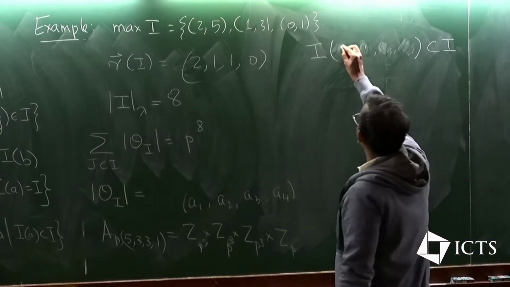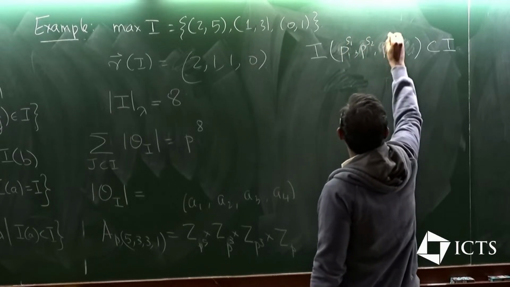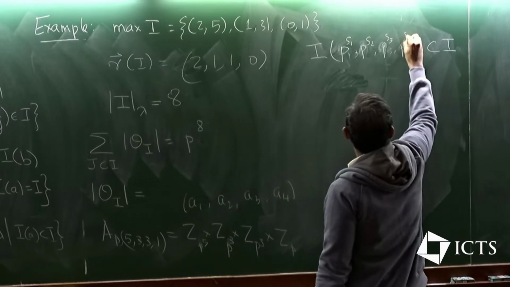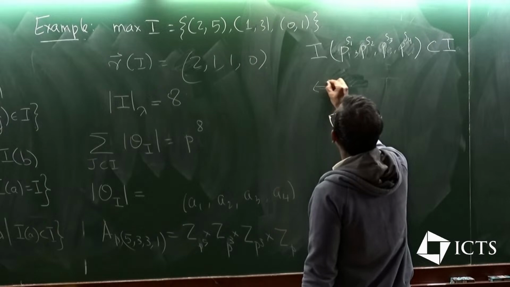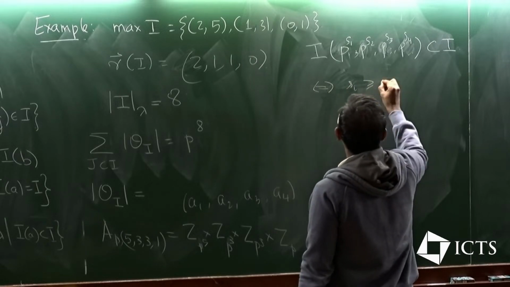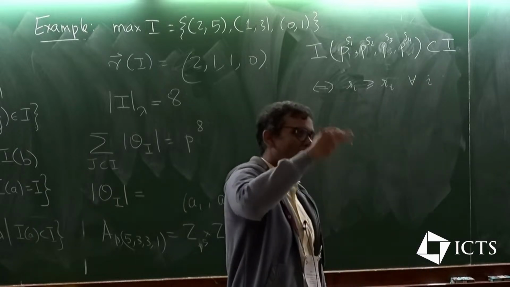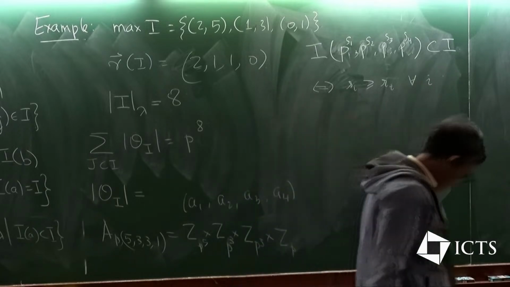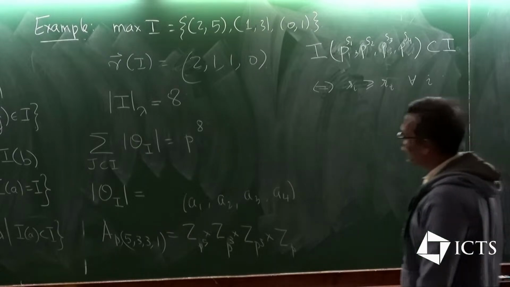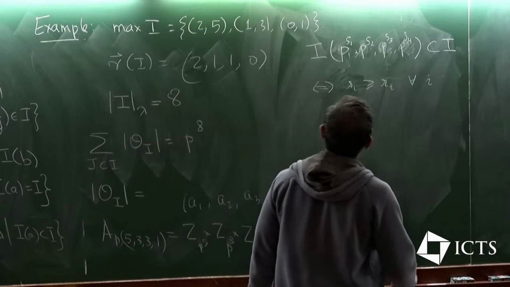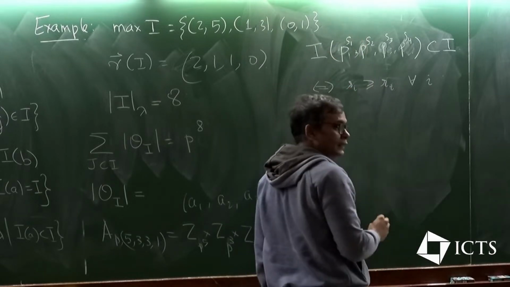So if I call this p^s1, p^s2, p^s3, p^s4, then this is contained in I if and only if si is greater than or equal to ri for all i. Right? So you just need that those valuations are greater than or equal to the r's. But to ensure that it is actually in the orbit, what we need is that this valuation is exactly r1.